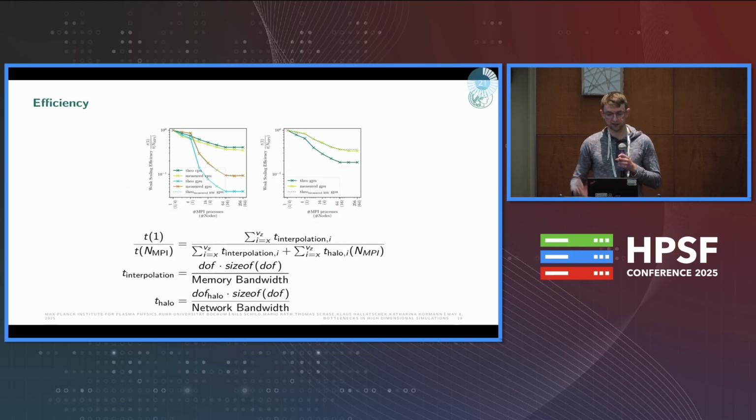So we can take a look at the efficiency that we have for this and compare it to a simplified theoretical model. For the interpolation time, we take the degrees of freedom divided by the memory bandwidth, and for the halo time, we take the degrees of freedom that we actually communicate and divide by the maximum peak network bandwidth. For a CPU, we have the green lines here on the left side, which matches quite well.